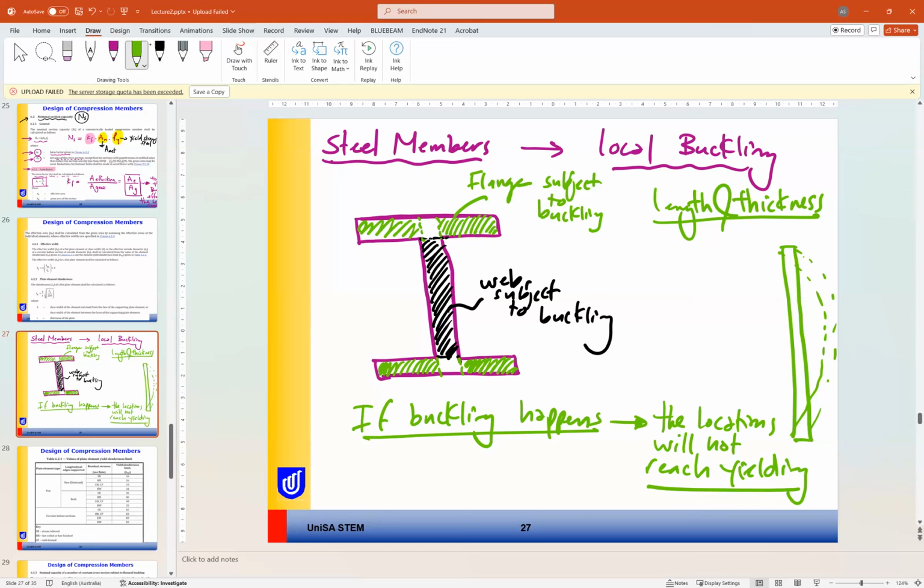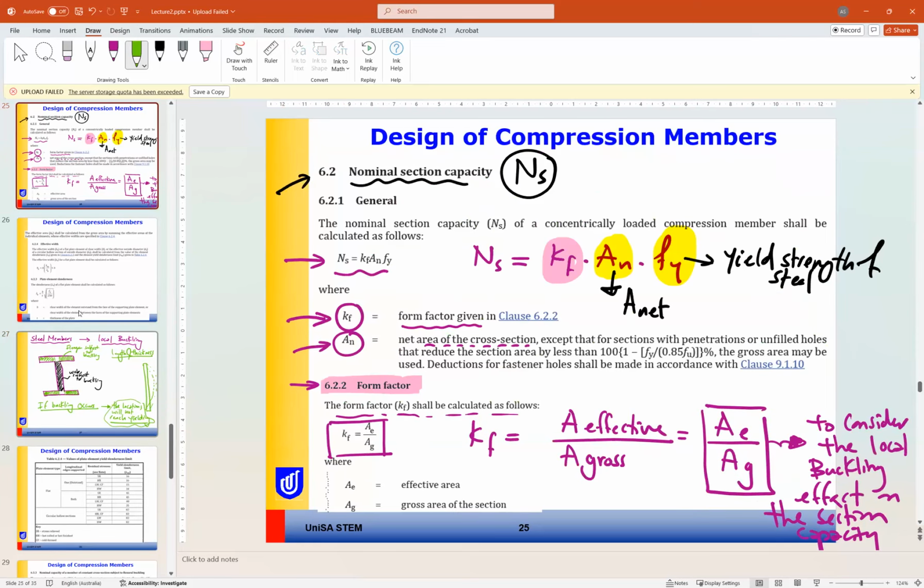So if the buckling occurs, some locations of the members will not reach yielding. This means that in this formula, we cannot consider all the cross-section area as under yielding because of buckling.